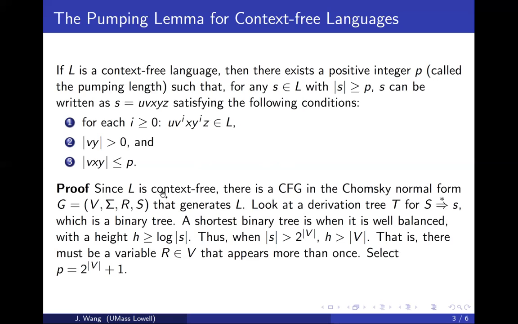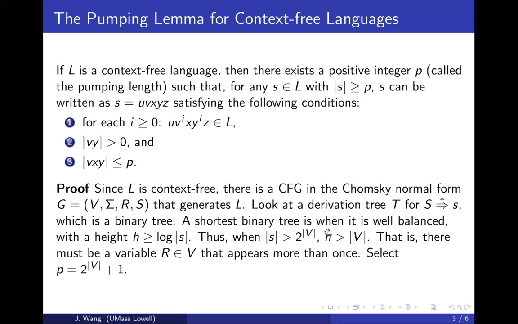Since L is context-free, we know that there is a context-free grammar in the Chomsky normal form that generates L. Now we look at a derivation tree T for any string s in L. Of course, we know it's a binary tree.